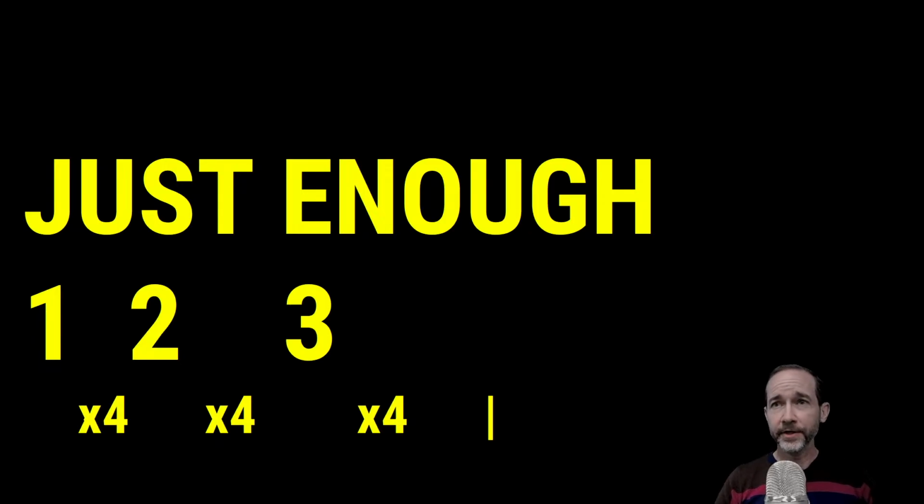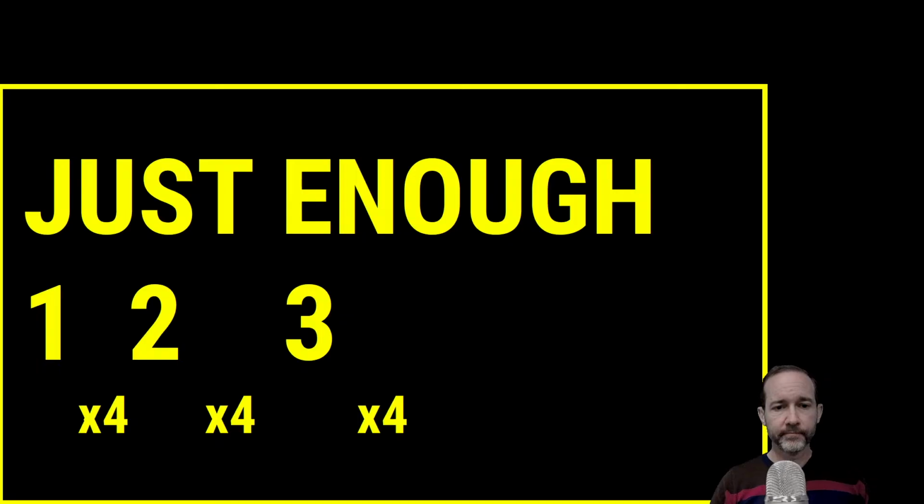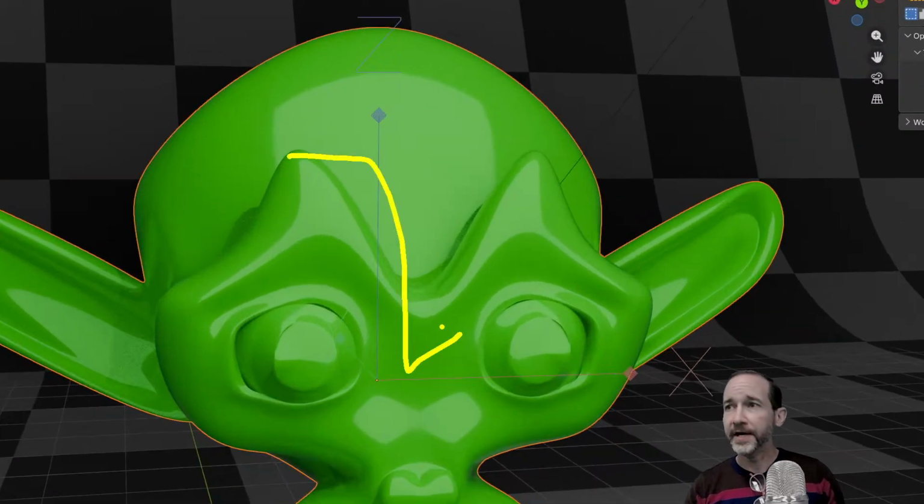So that slider is, I wish they made it bigger in the interface. So it can be a very important number. Now, this just enough decision has to do with the silhouette of the object, right?